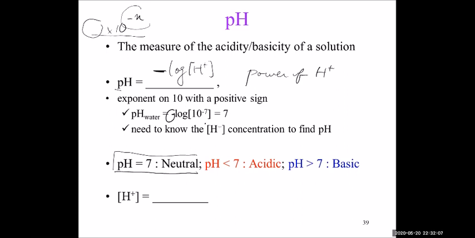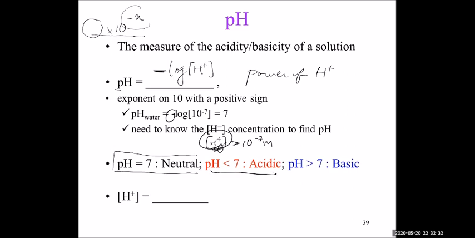When the concentration of the hydrogen ion is higher than 10 to negative 7, you take a negative log and end up getting numbers less than 7. So that is acidic.